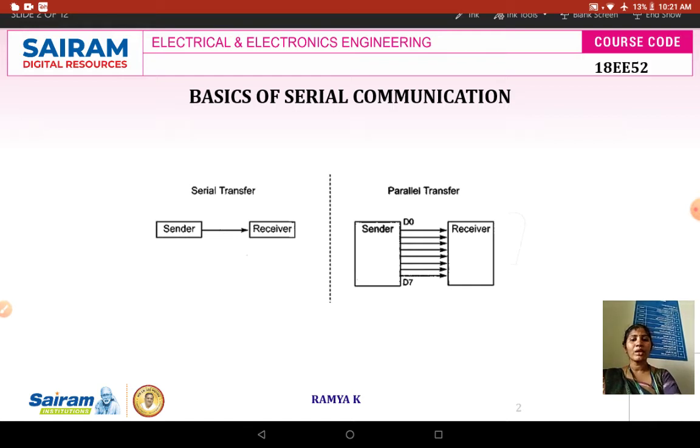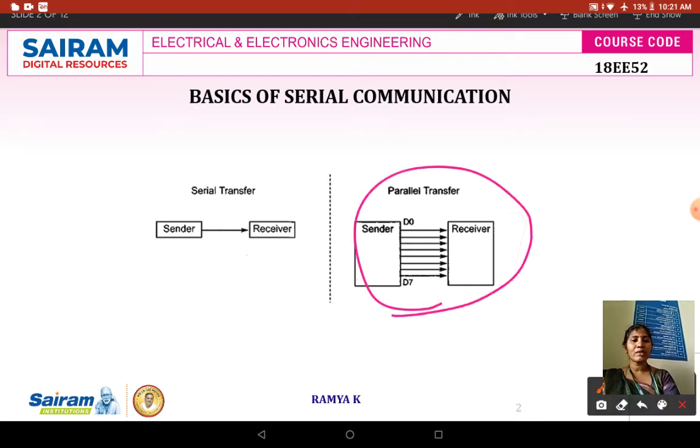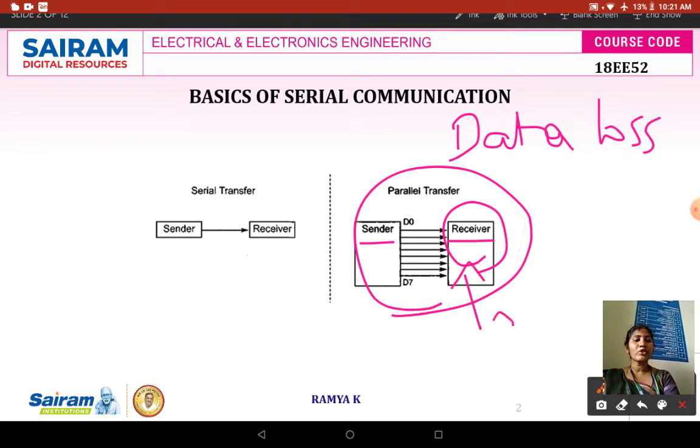And one more thing, in case of your parallel data transfer, data loss is less. For example, if I am going to transmit some data from the sending end to the receiving end, at a percentage of 99 it will receive the data whatever we are sending from the transmitter.